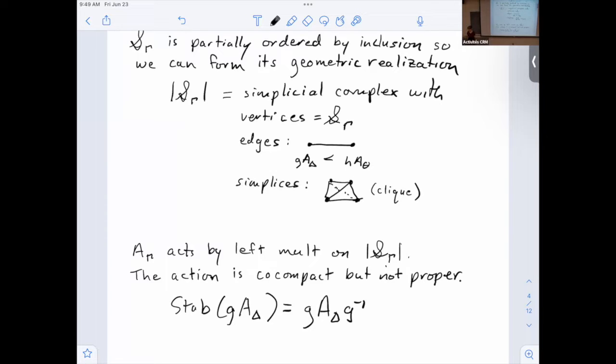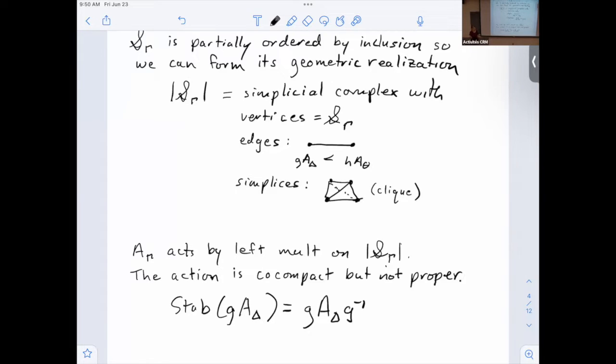If I take an element in this parabolic subgroup and I left multiply by this, I get another element of this. So I didn't build the complex out of parabolics, but the parabolics show up as stabilizers. And these are definitely not finite. So the action is not proper. It's absolutely not proper, but it still turns out to be useful. Well, sometimes it turns out to be useful.